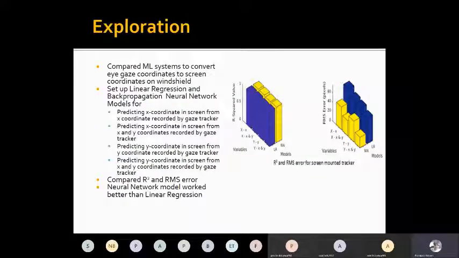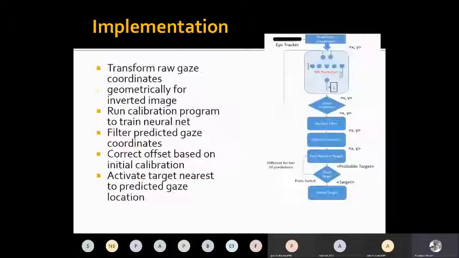So what we did is we compared performance of a linear regression model and a neural network model, and we compared the R square and RMS values. And from that comparison, we chose a neural network model, and we found that the mapping between coordinate spaces of the eye gaze tracker and the windshield is not linear, rather it is polynomial due to the curved nature of the windshield.